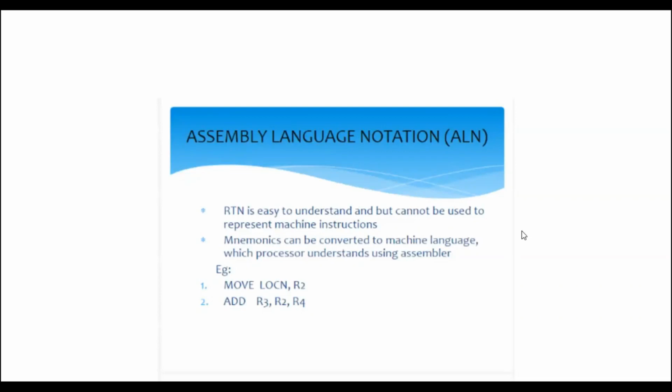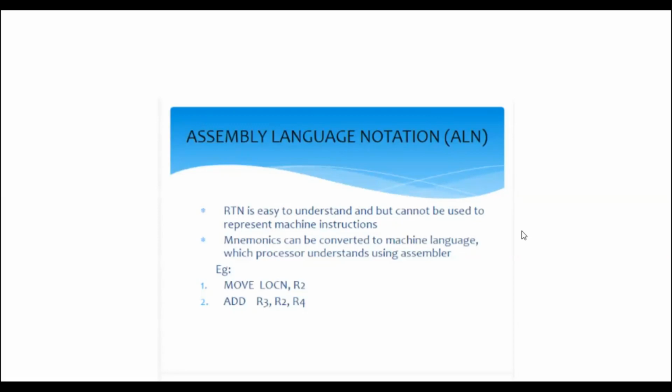We use them because they are more readable, like move, load, or add. The instruction mnemonics are abbreviations that identify the operation carried out by the instructions. We have move, or MOV, which moves a value to another location.